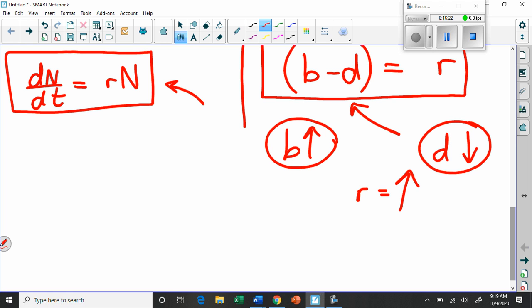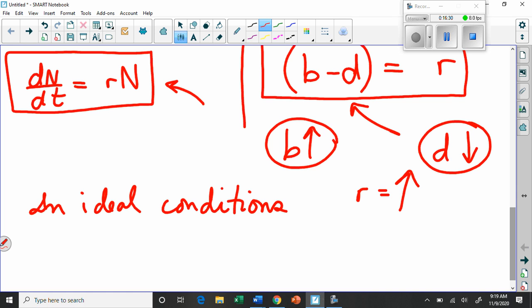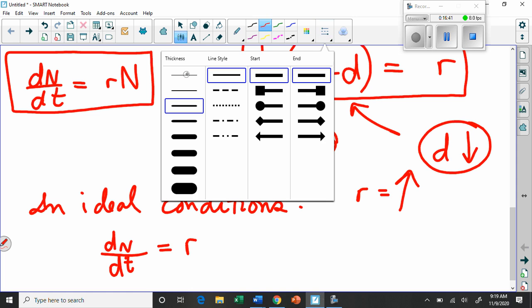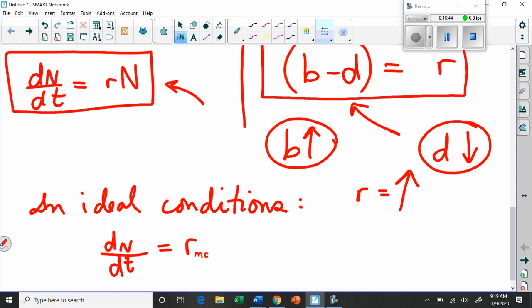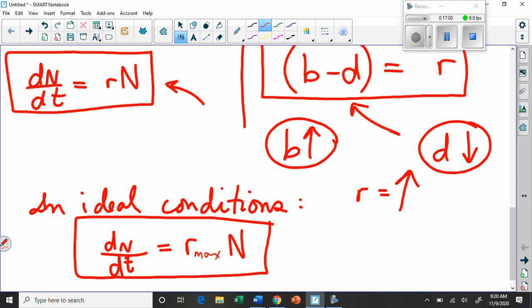So in ideal conditions, which don't really exist, we can have this equation. And what they say is that would result in the biggest possible r you could get. And so what they call it is r max, r with a little subscript max, times the big N. So this is just another way of describing the most ideal kind of growth that you could get.